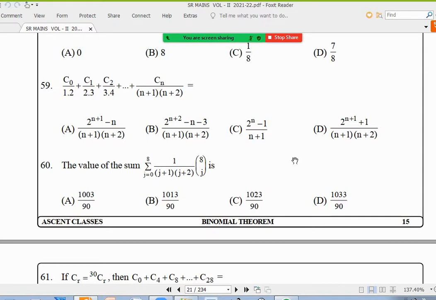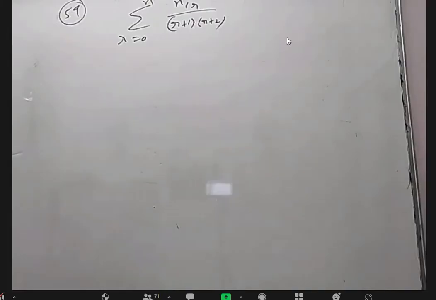When college reopens, I don't know what the class timings, what are the study hours and all that. Okay, sigma nCr by (r plus 1) into (r plus 2), r equal to 0 to n. This was the question 59. They gave an expanded form. I wrote in sigma form, that's all.